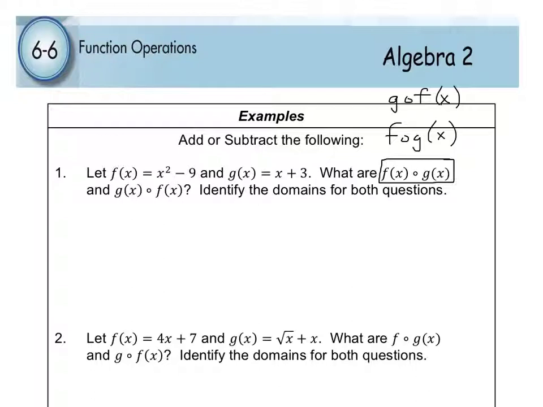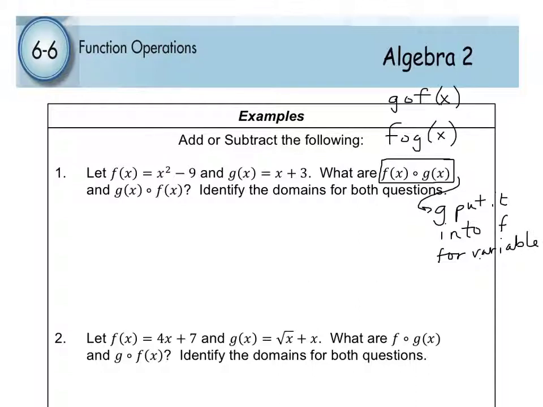All right, number one, it says let f of x be x squared minus 9, and g of x be x plus 3. What is f of x composition g of x? In this case, we're going to take g and put it into f for the variable.